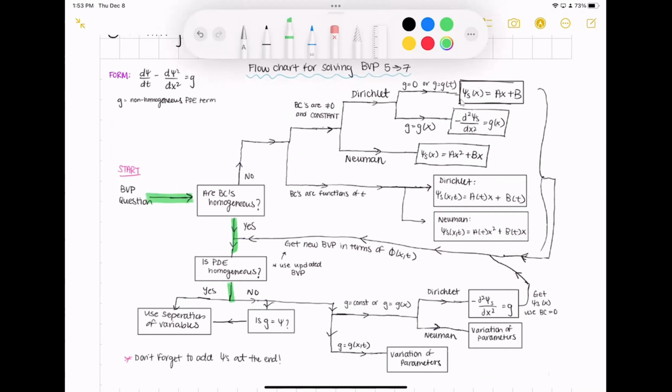No. Then we look at our non-homogeneous PDE term. So that was our Q. Is it equal to some function of phi? No. Is it a constant or just a function of x? No. Then we move down here. It is a function of both x and t. And therefore, to solve this problem, we're going to want to use variation of parameters.